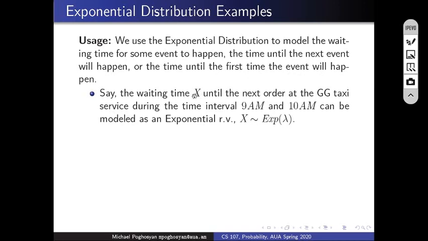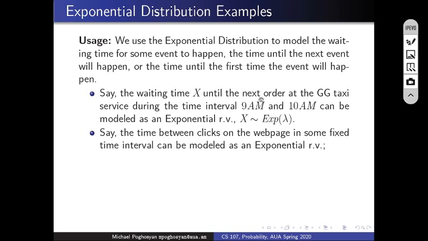The waiting time x until the next order at the GG taxi service or another taxi service during some time interval can be modeled as an exponential random variable. So x is exponential with lambda. We just need to calculate that lambda correctly.